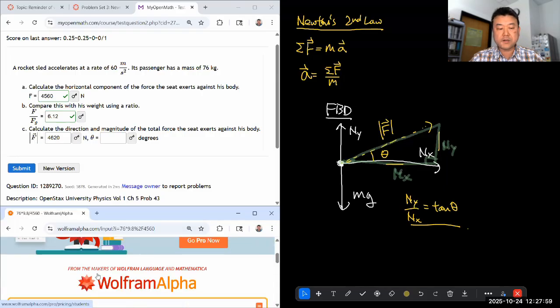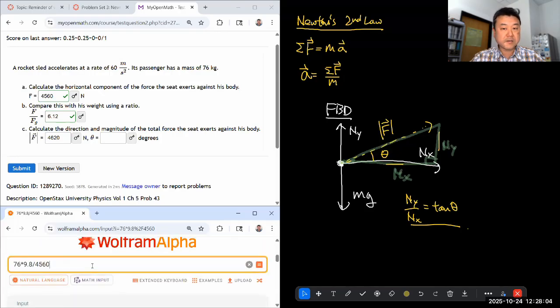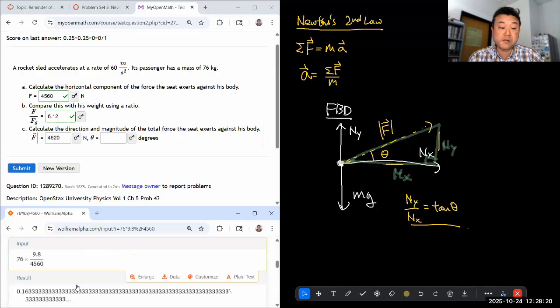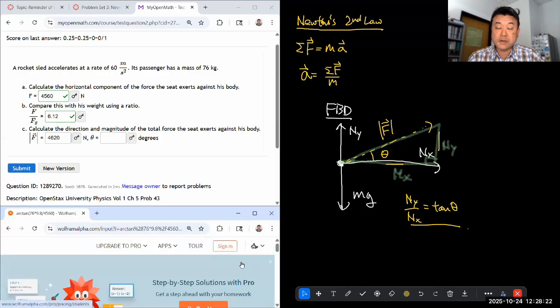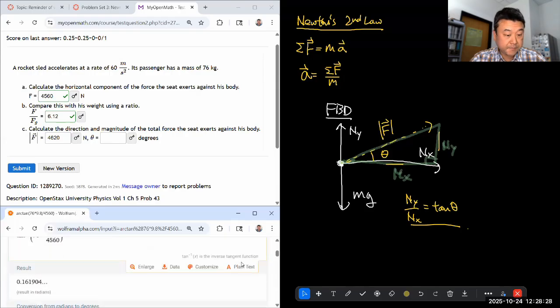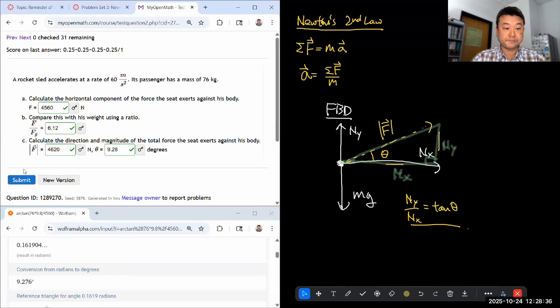The reason I like to take a little bit of a pause is that arctangent only gives you an answer from minus 90 degrees to plus 90 degrees. And here, with an acute angle like this, simple arctangent is fine. It's going to give you the right answer. But in other circumstances where your angle could be in the second quadrant, you want to be careful about how you interpret the result out of the arctangent. So here, 9.2, that's larger than I thought it would be. 9.28 degrees. Good. All right.